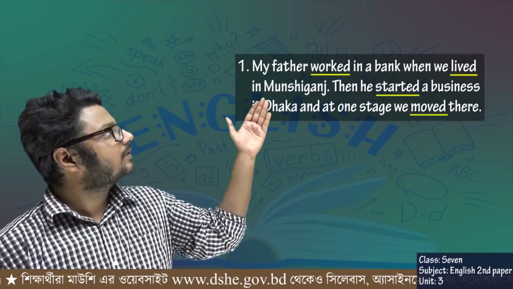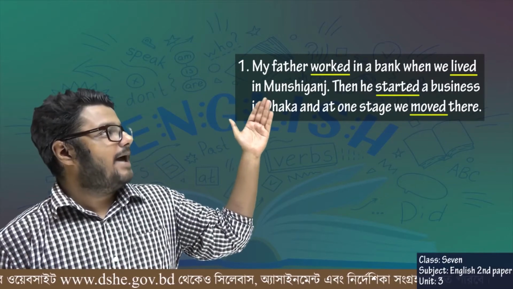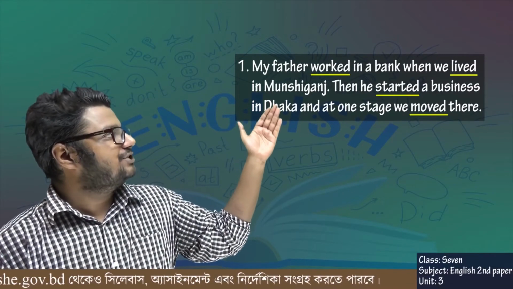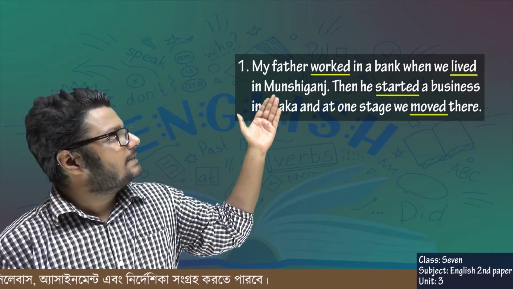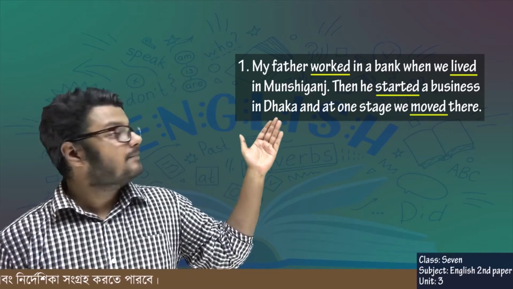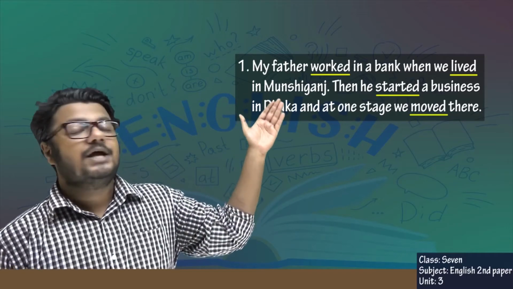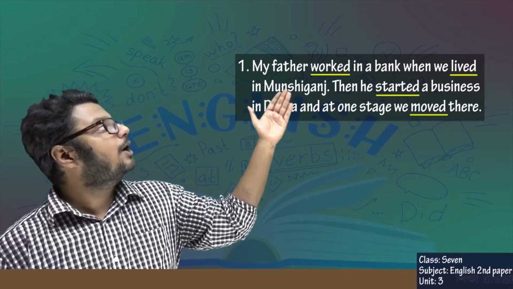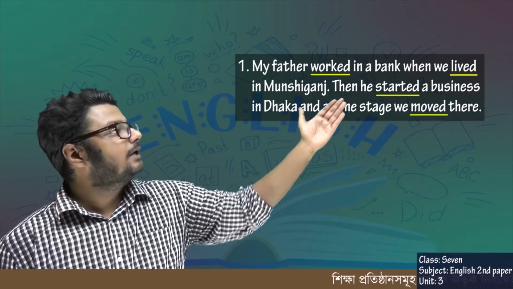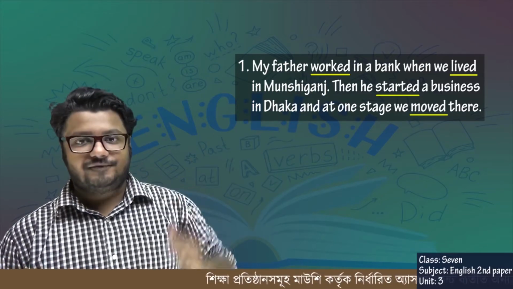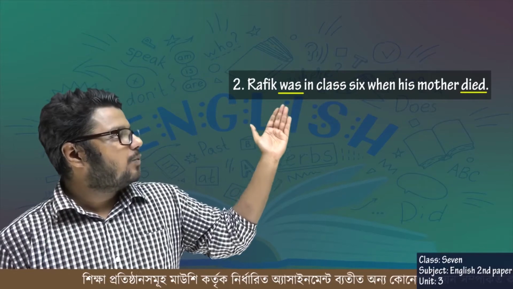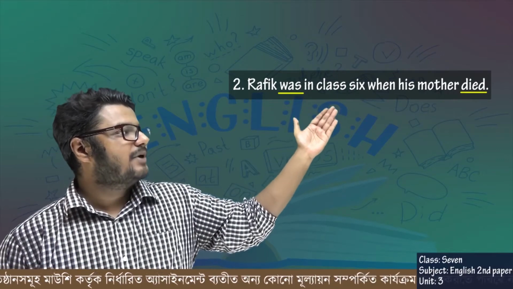Number 1. My father worked in a bank when we lived in Munshiganj. Then he started a business in Dhaka, and at one stage we moved there. In this sentence, the underlined verbs are worked, lived, started, moved. Number 2. Rafiq was in class 6 when his mother died.